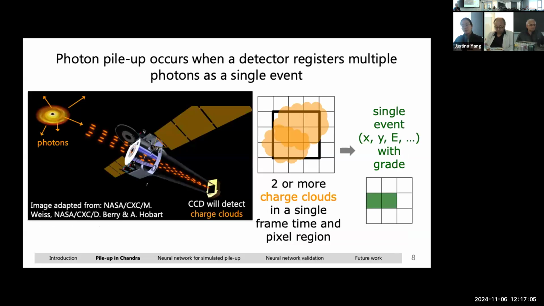And the charge clouds that are produced within a particular 3x3 pixel region are all included in what is inferred to be a single event. So in this cartoon, if you have multiple charge clouds that are overlapping in the pixels of your detector, you may still infer a single event. And the particular pattern of the charge clouds will correspond to the particular grade that the event has. But the key point is, it's because you don't have infinite time resolution that pileup happens.